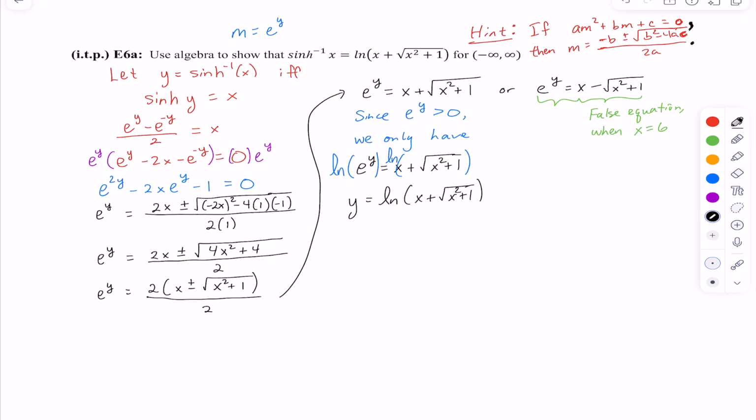Remember, y was substituted early on. Y was substituted as the inverse hyperbolic sine of x. And notice the argument of the natural log function is greater than 0 for all these x values in this interval.